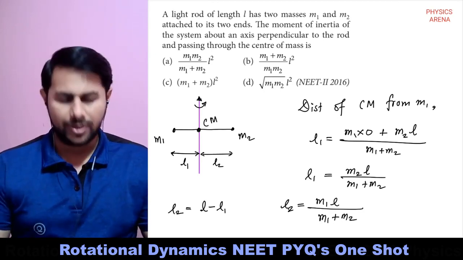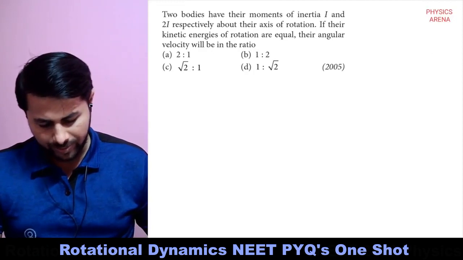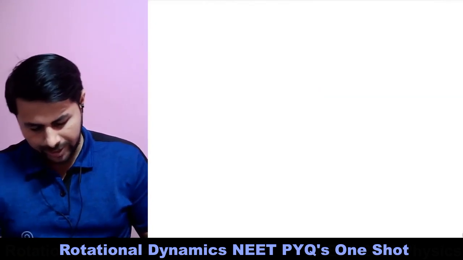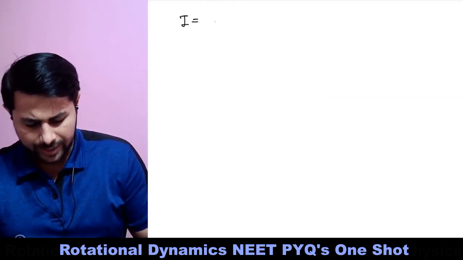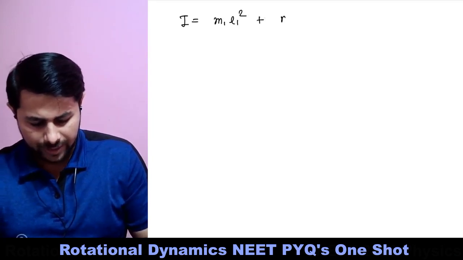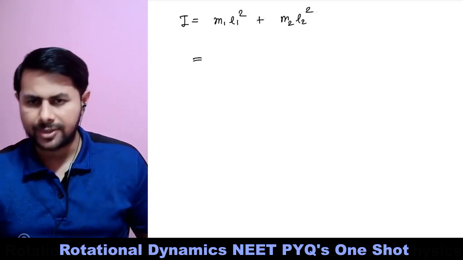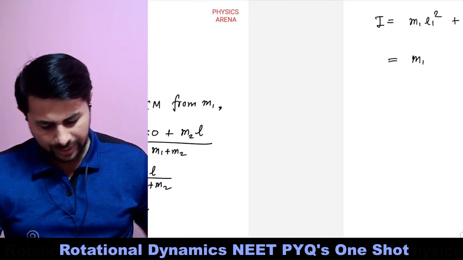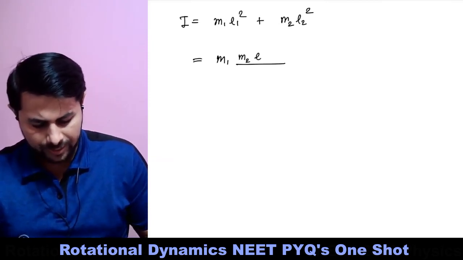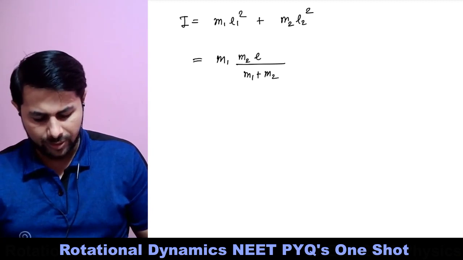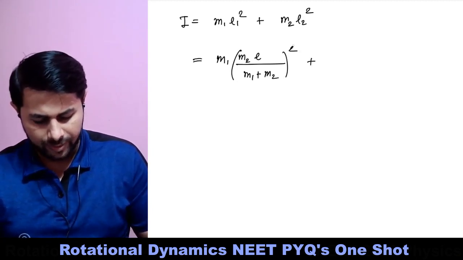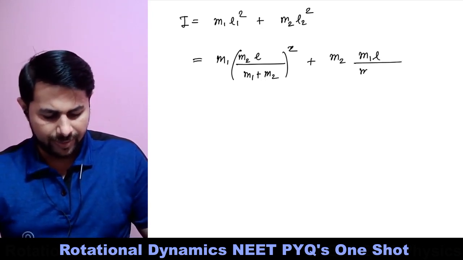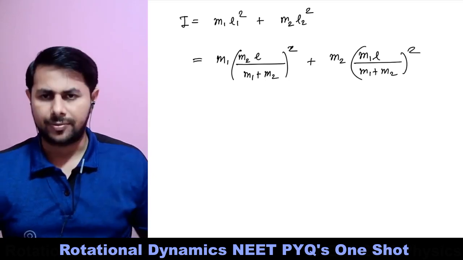Okay. So now that we have got the distances, how much is the moment of inertia? So let me add a page here. So the moment of inertia I is equal to m1 L1 square plus m2 L2 square. Let's put the values of L1 and L2. So we get m1 times (m2 times L upon m1 plus m2) whole square, plus m2 multiplied by (m1 into L divided by m1 plus m2) whole square.